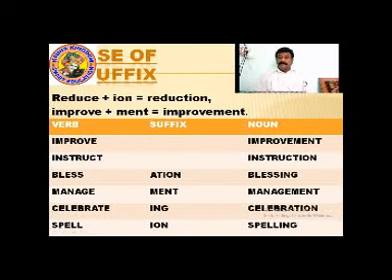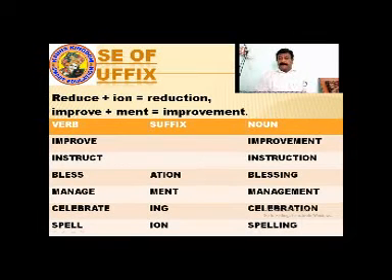So now we have seen produce: the E is dropped, it becomes production. Delete, E is dropped, it becomes deletion. Reduce plus tion, E is dropped, a reduction.